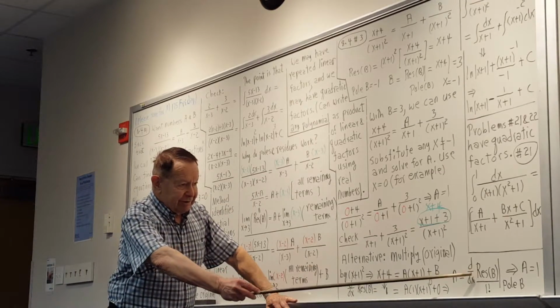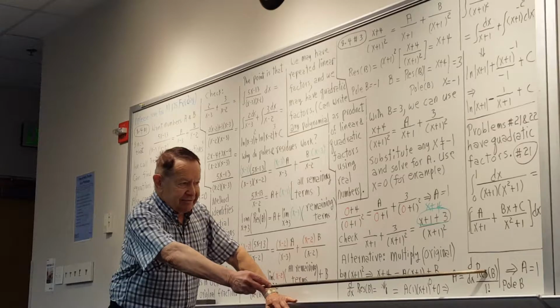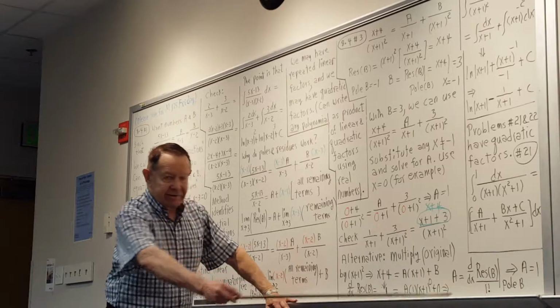There's a pattern to it, so I'd write the derivative of the residue over 1 factorial.